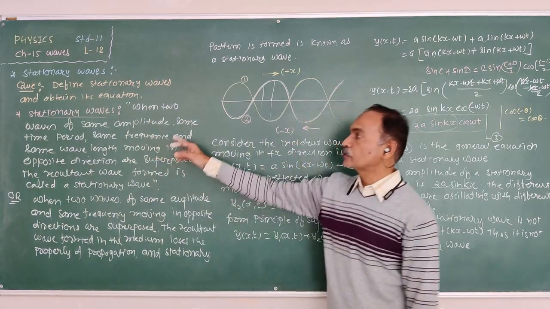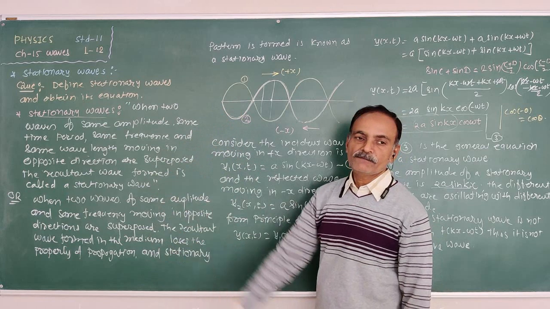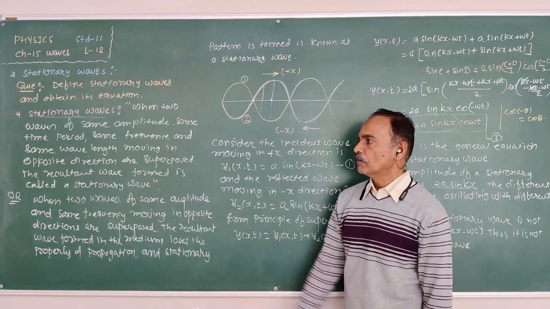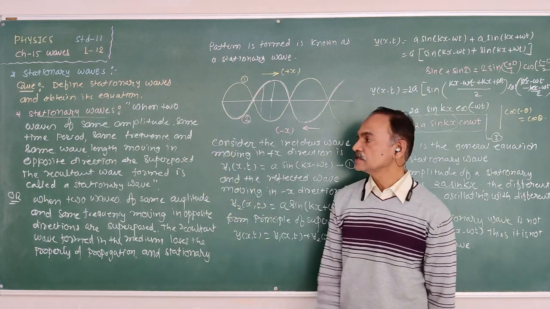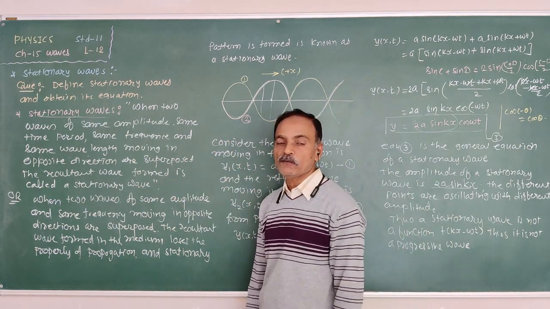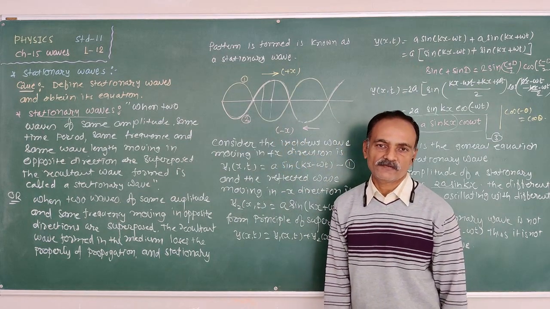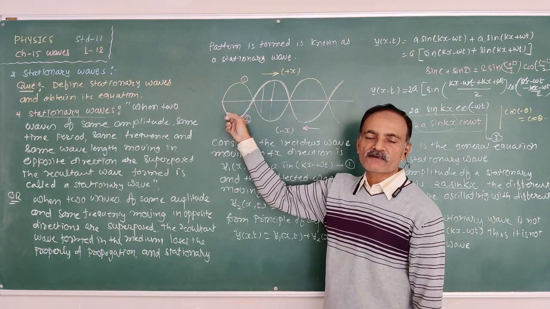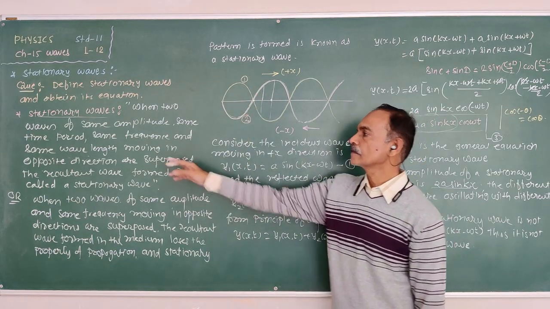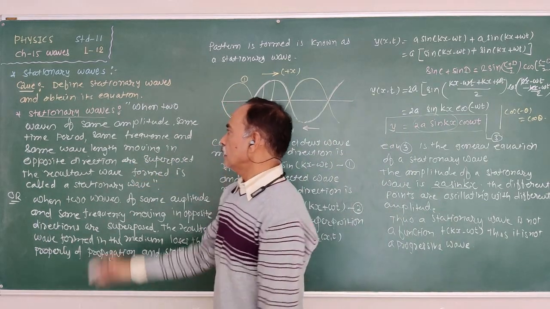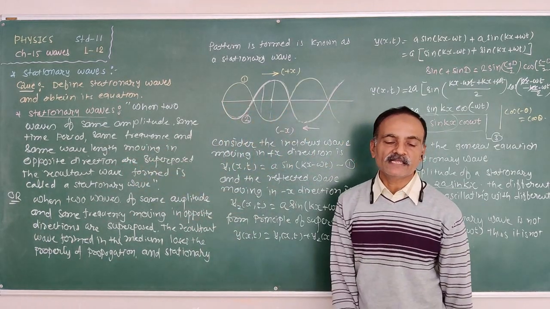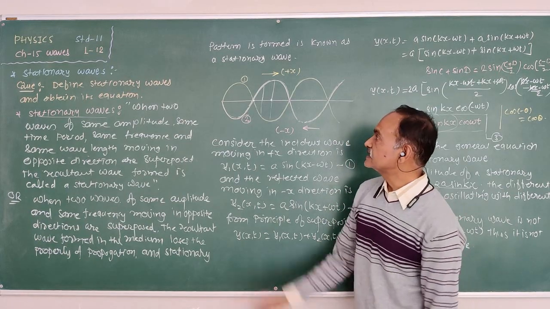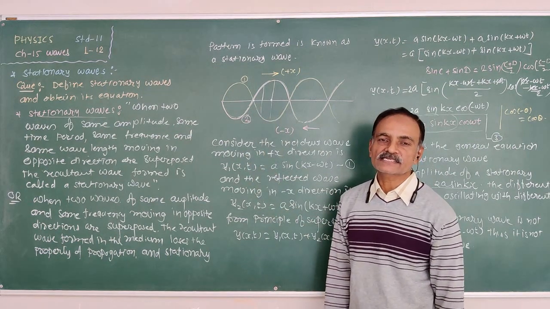When two waves of the same amplitude, same time period, same frequency, and also the same wavelength, moving in opposite directions are superposed, the resultant wave format is known as the stationary wave.